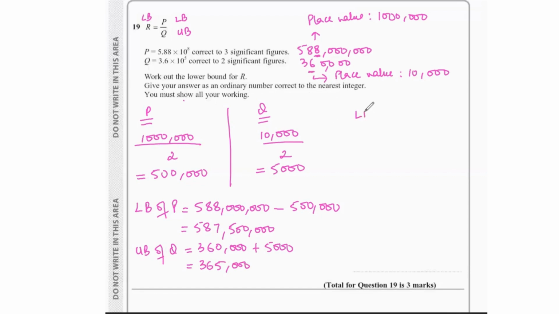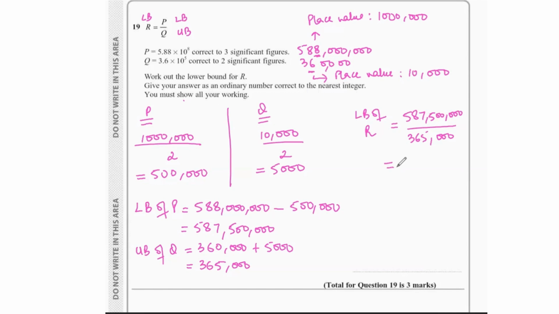So now for the lower bound of R, we divide this by this. Write that again, 500,000.